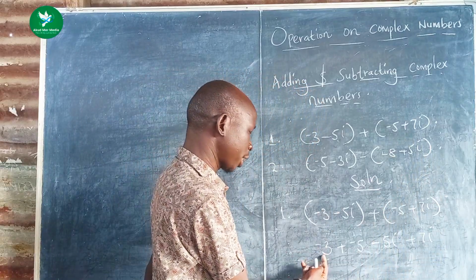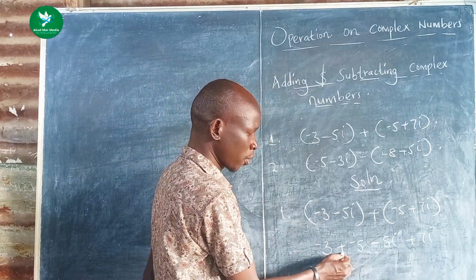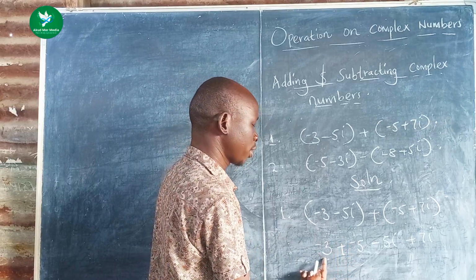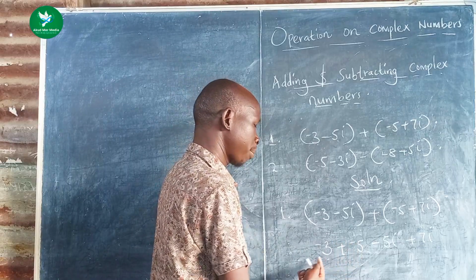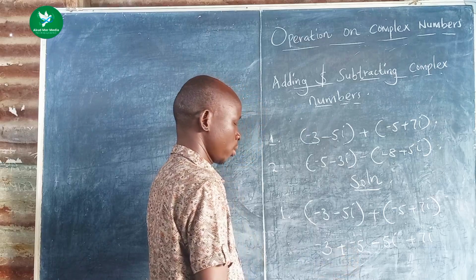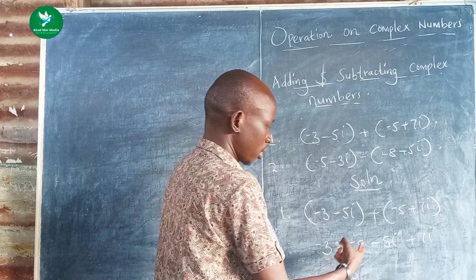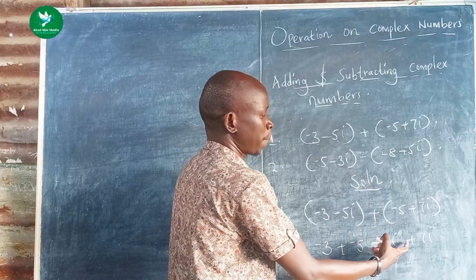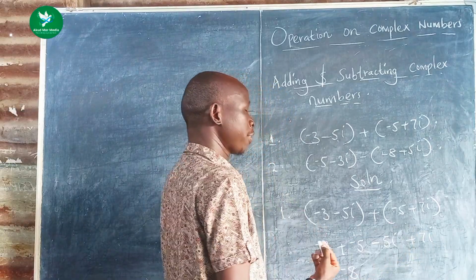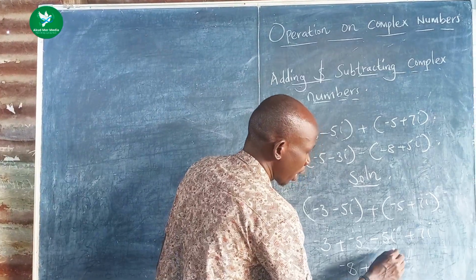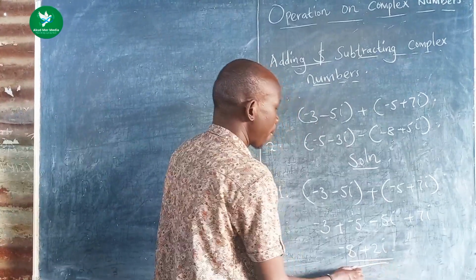-3 plus -5, this positive is going to be affected by the negative sign. We are going to have -3 minus 5, which gives -8. -5i plus 7i gives +2i.